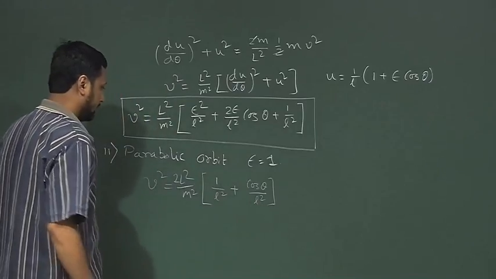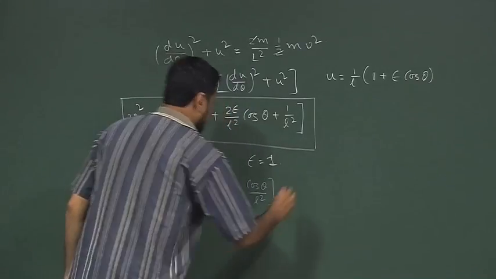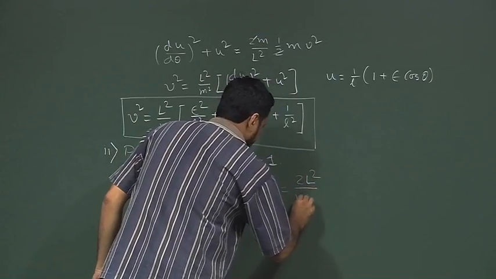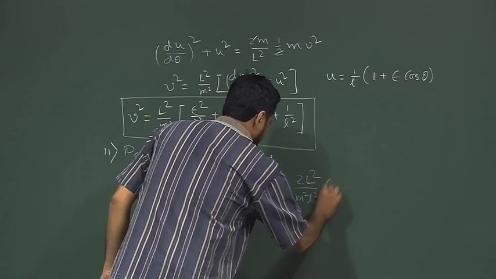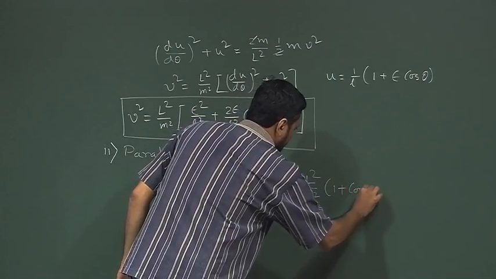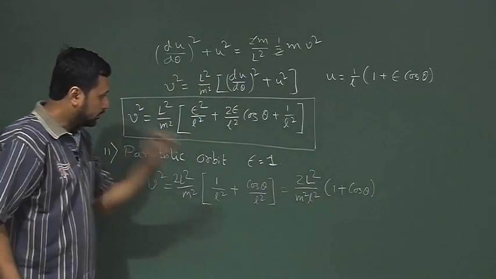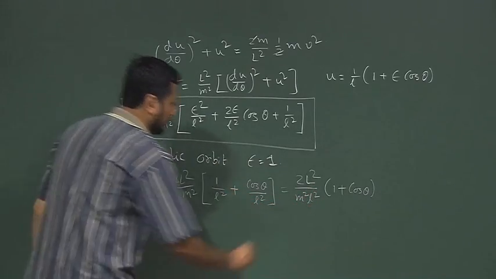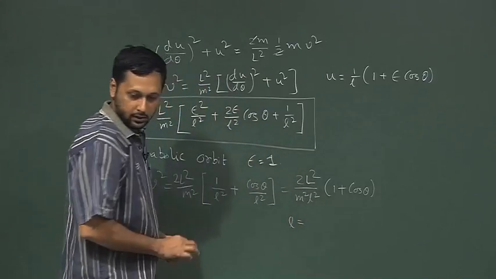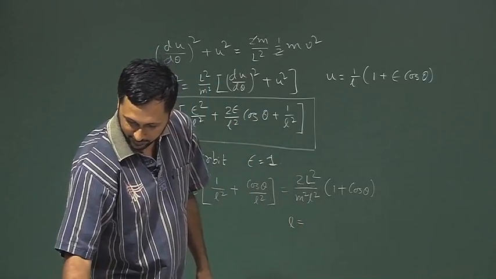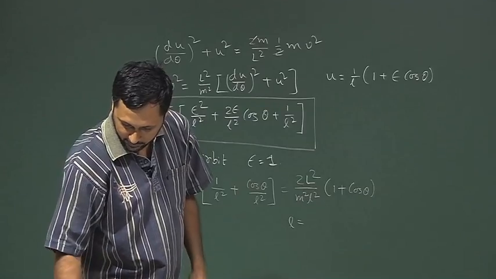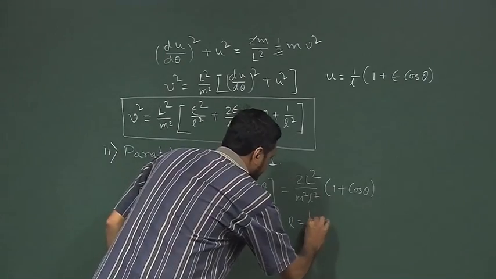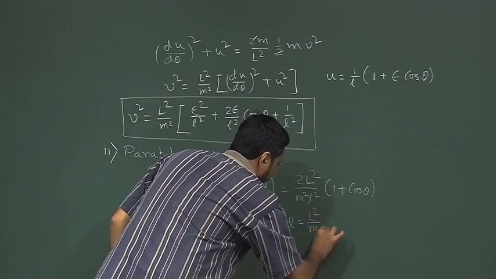Also l² can be taken out and we can write it as 2L²/(m² l²) (1 + cos θ). Now, it is time to substitute for small l. You remember this expression for small l is capital L² by m k.